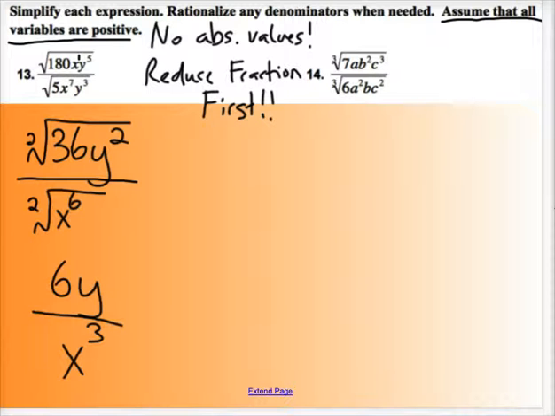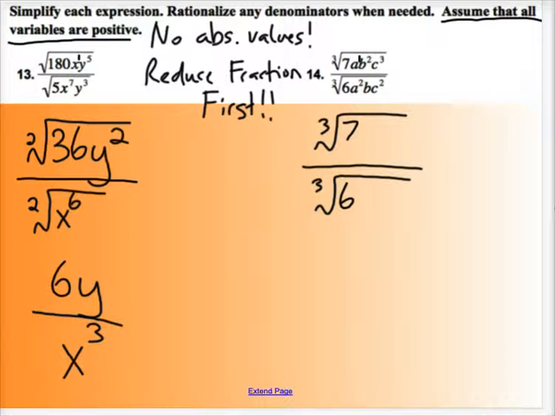The next one. So let's take a look at what we're getting. Well, 7 over 6, that fraction can't reduce. So there's nothing we can do with those numbers. However, a to the first divided by a squared, 1 minus 2 is a negative 1.